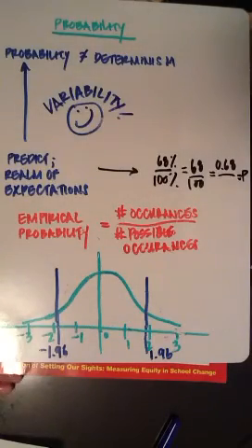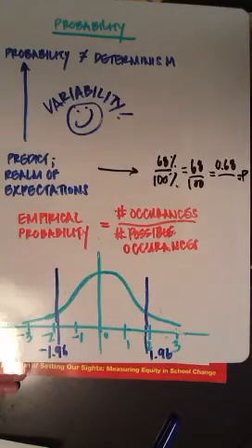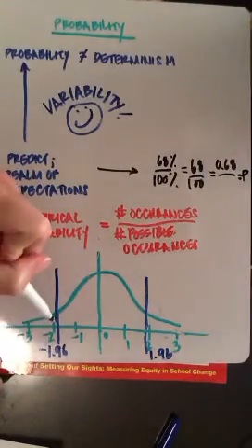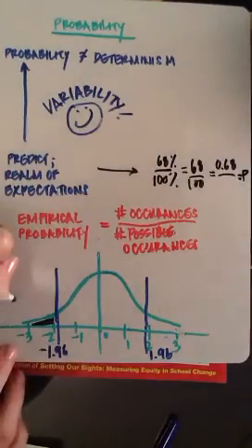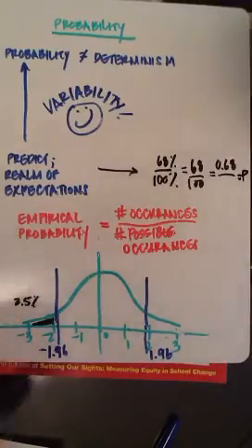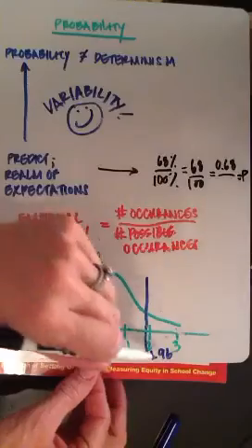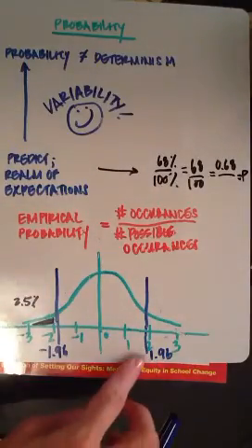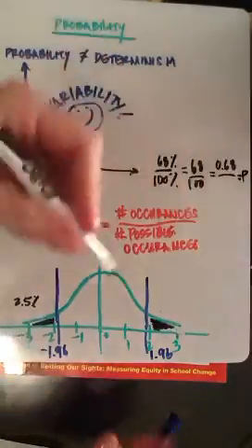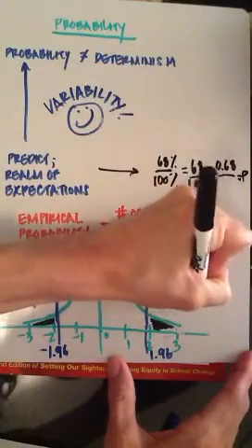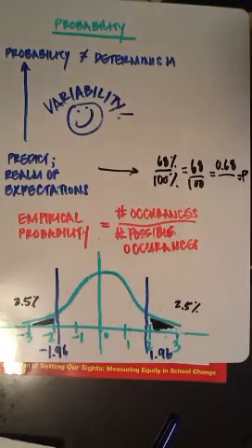However, we also know that at a z-score of negative 1.96, the area to the left of that z-score is only about 2.5% of the entire distribution. Similarly, at a z-score of 1.96, the area to the right of that point is only 2.5% of the total distribution. These are what are called the exclusion areas.